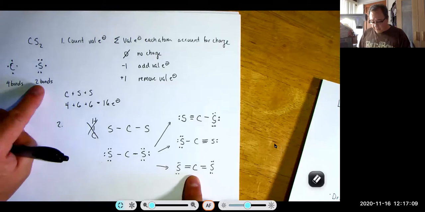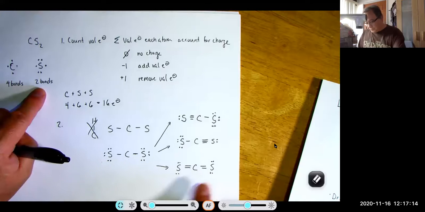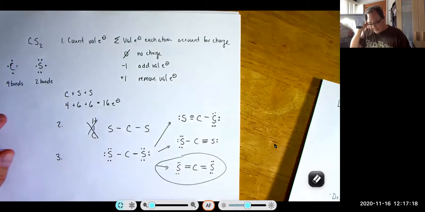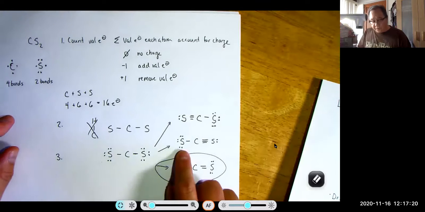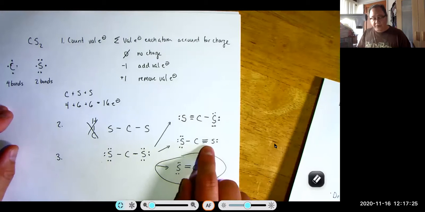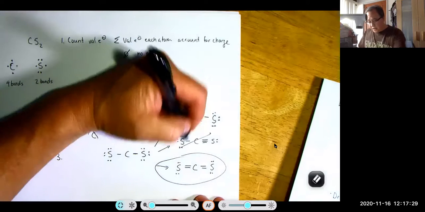Sulfur usually makes 2 bonds, and there's a sulfur with 2 bonds, and there's a sulfur with 2 bonds. So we really like this one based on the number of bonds they normally make. In this one, the sulfur has 1 bond, so we don't like that so much. In this one, the sulfur has 3 bonds, so we don't like that so much, and same for over here. So these are not as important.